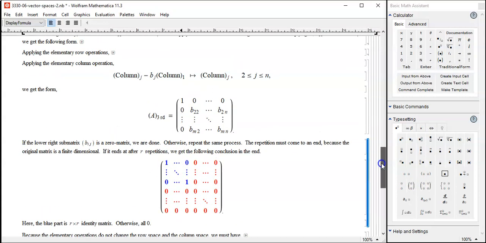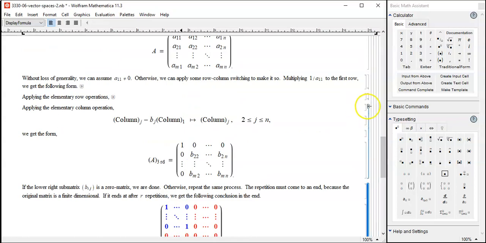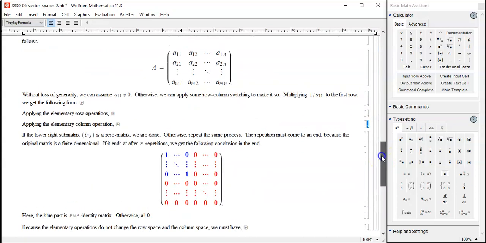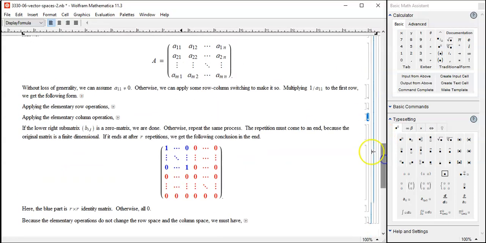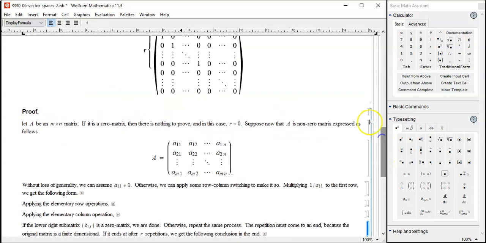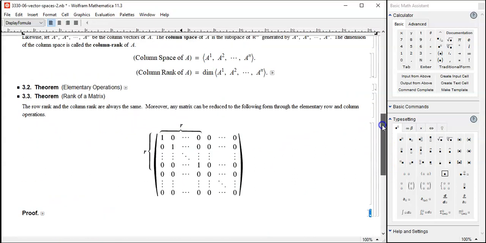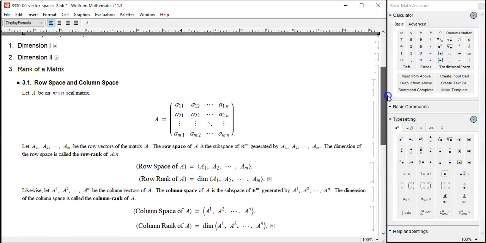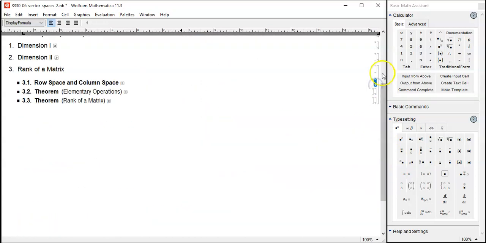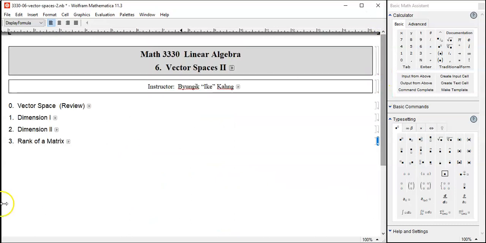We have an r by r identity matrix, and that is the common value. Column rank and row rank, they are the same. And that completes the proof. Row rank, column rank, they're the same, and eventually every matrix can be rewritten like this after some elementary row operations and elementary column operations. That completes the final topic, rank of a matrix, an optional topic.